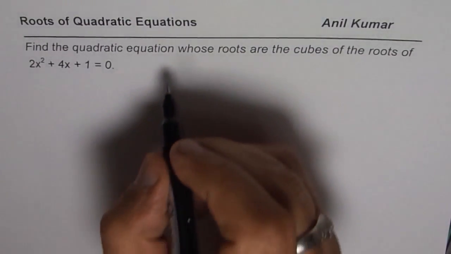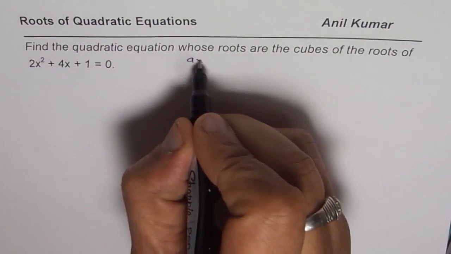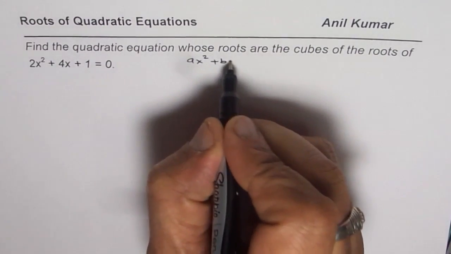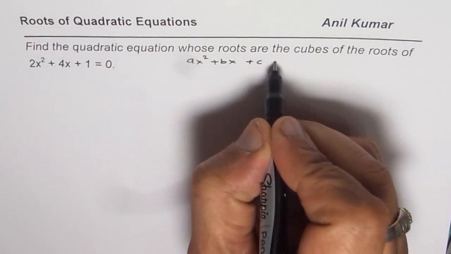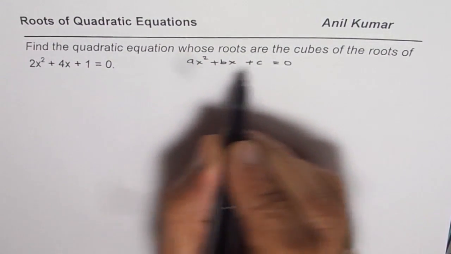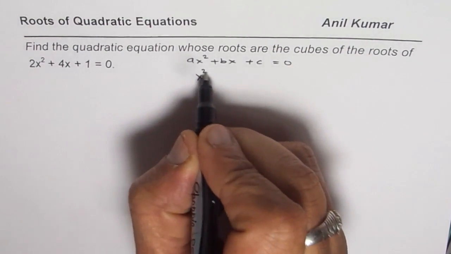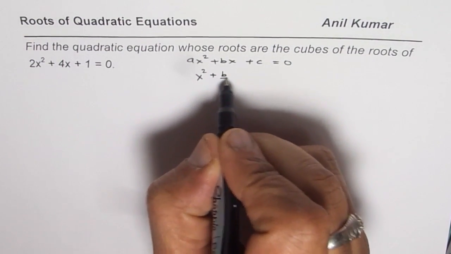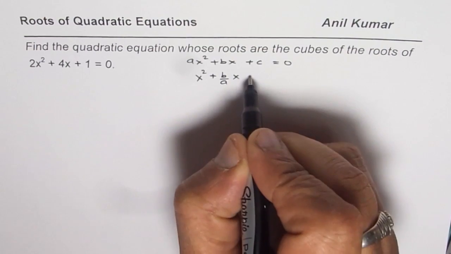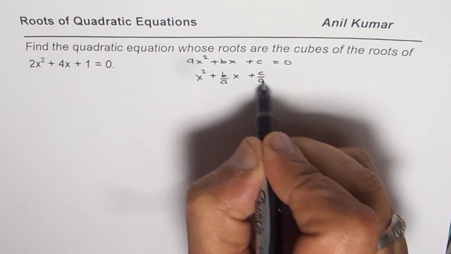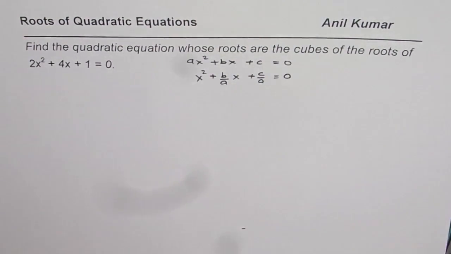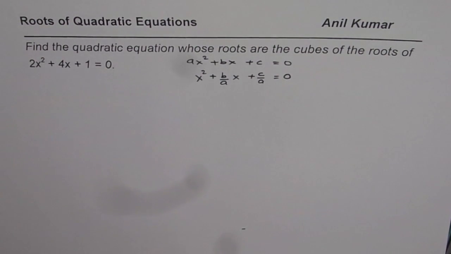In general, a quadratic equation can be written as ax squared plus bx plus c equals 0. If we divide by a, we'll get x squared plus b over a x plus c over a equals 0, right? That is one way in which you can write the standard quadratic equation.